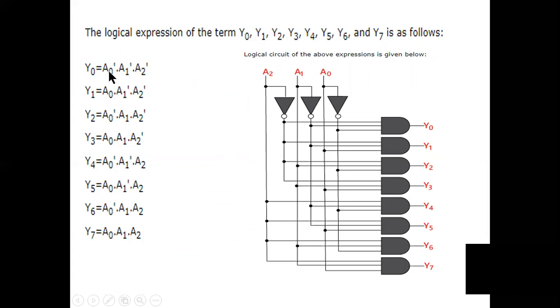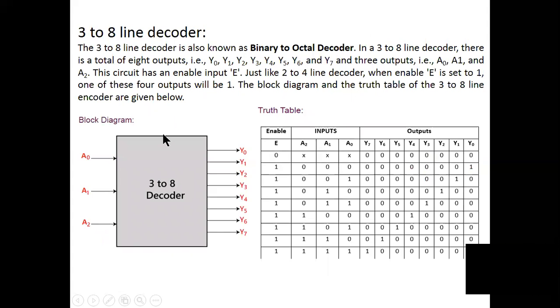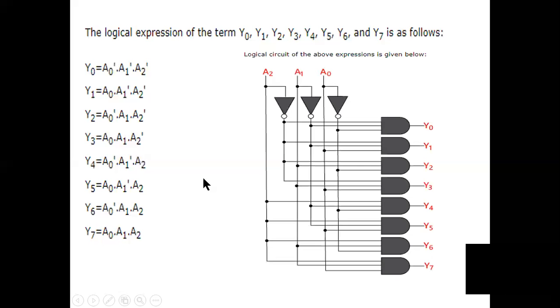Y0 is A0 dash, A1 dash, A2 dash. 0 means like this. This is your realization expression, Y1 up to Y7. Okay, this is your circuit for the realization of Y0 to Y7. So this is your decoder.